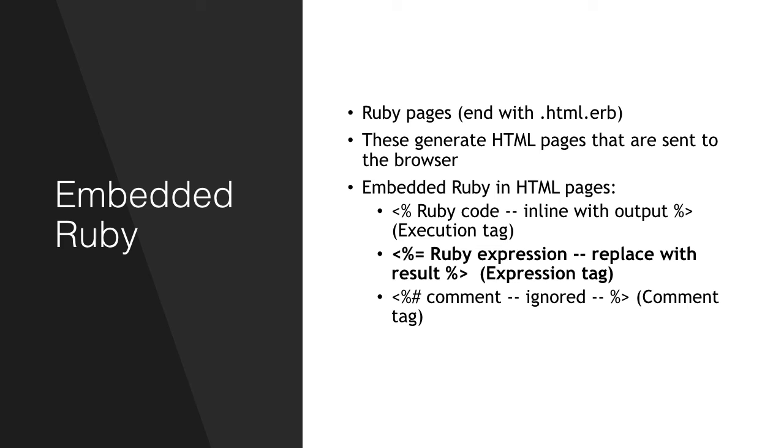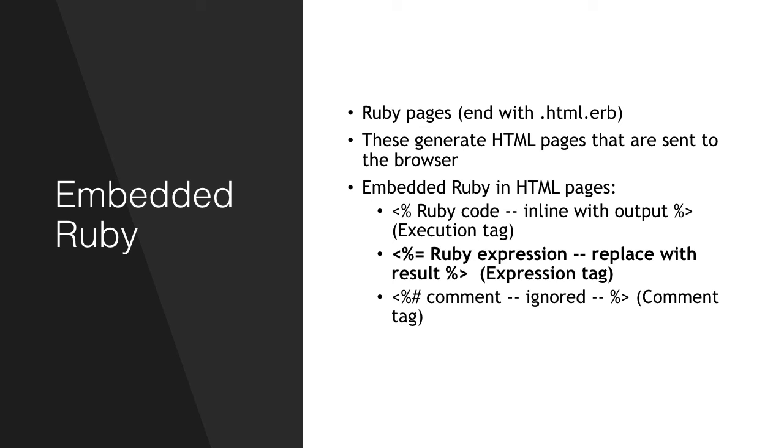You will probably, or maybe have already started running into embedded Ruby files. I really expect that you'll see them a lot more in Homework 2 and beyond. But they're basically embedded Ruby pages end with .html.erb. That's not a typo, but that basically says that there's an embedded Ruby that is going to generate an HTML page.